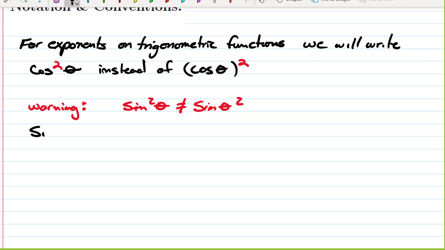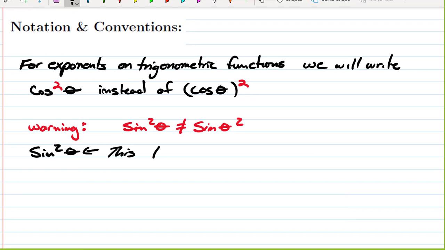Sine squared theta, where we put the exponent in between the trigonometric function and the argument, tells us to calculate sine theta, then square the result.